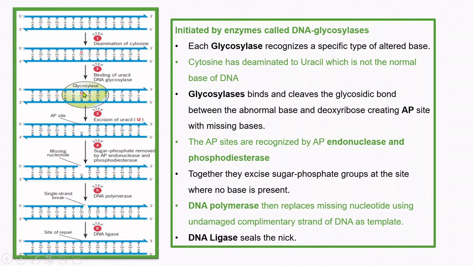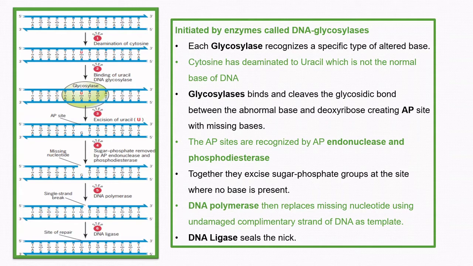You see here the base was first removed and then the phosphate group and the deoxyribose sugar were also removed. Now this gap is recognized by DNA polymerase and it replaces the missing nucleotide using the undamaged complementary strand of DNA as a template. It will read the template and insert the correct base, and this is the copy part, and the cut ends are sealed by the DNA ligase, and that is the paste part. So this works on the principle of cut, copy and paste.